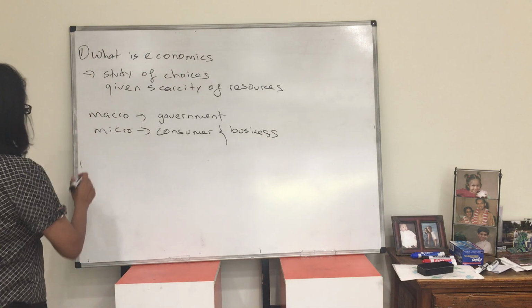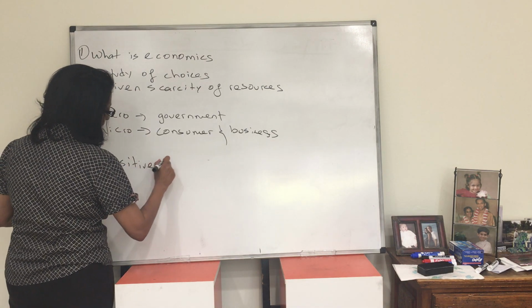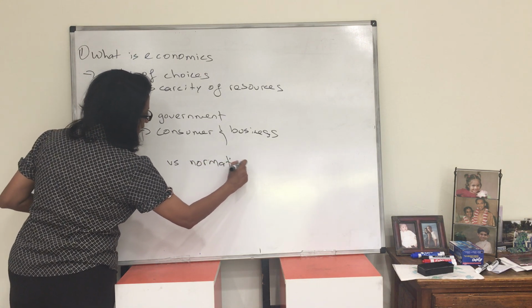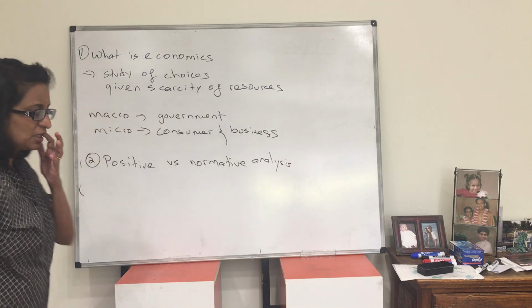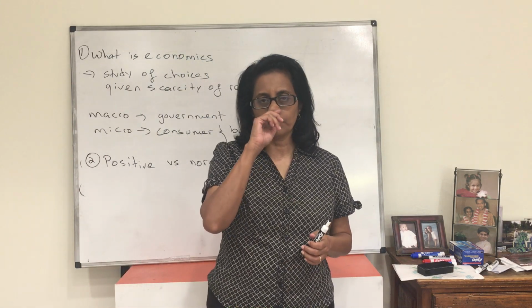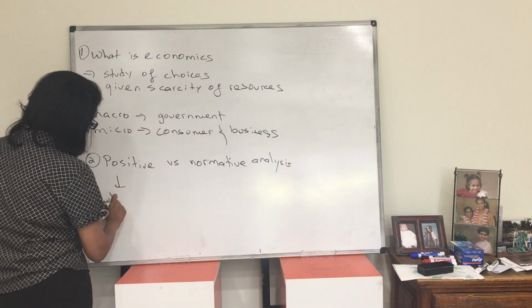Okay? So number 2 in your outline is something called positive versus normative analysis. When we talk about economics, we always think of it in terms of positive versus normative. Positive is what is.